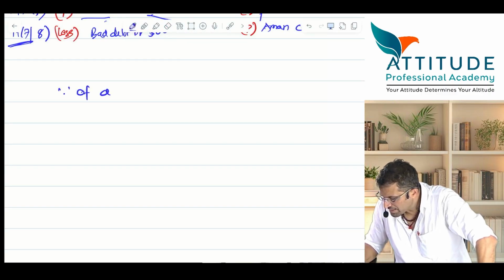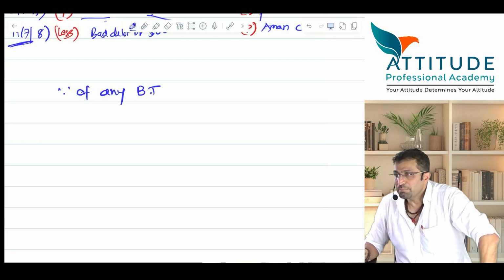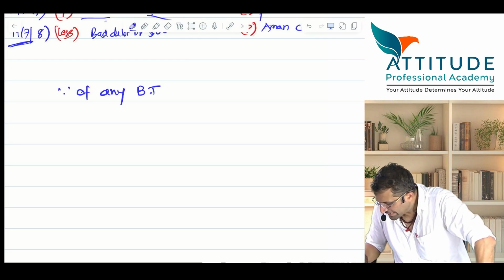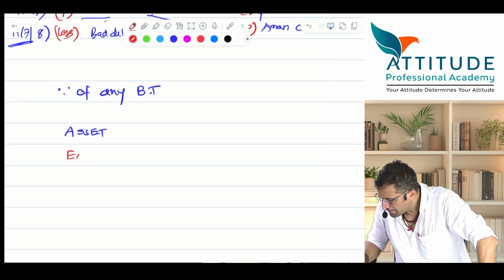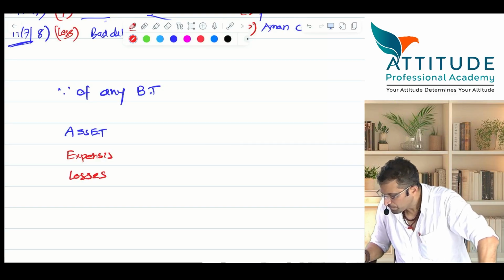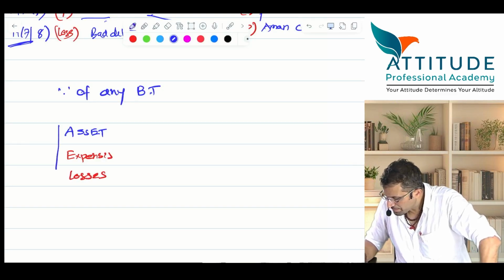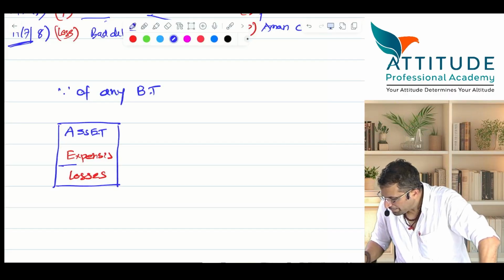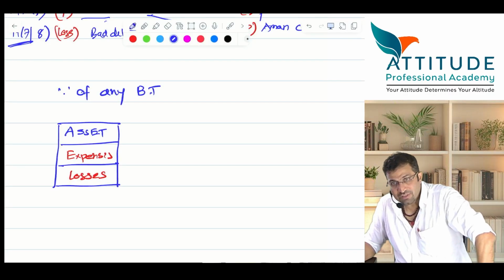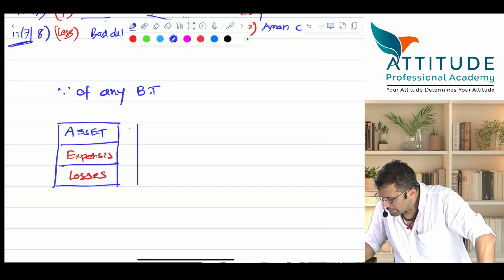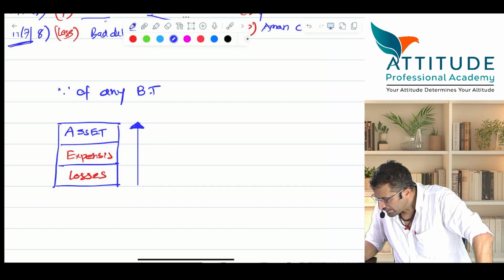Because of any business transaction, if an asset, you know what is an asset? If an asset or expenses or losses, if these three items in your business are increasing, बढ़ रहा है, increase हो रहा है, then it should be debited.